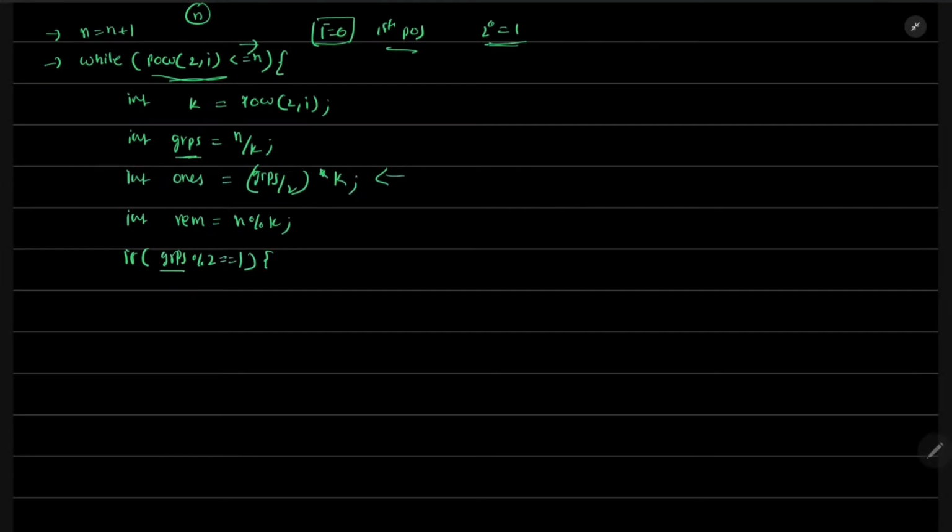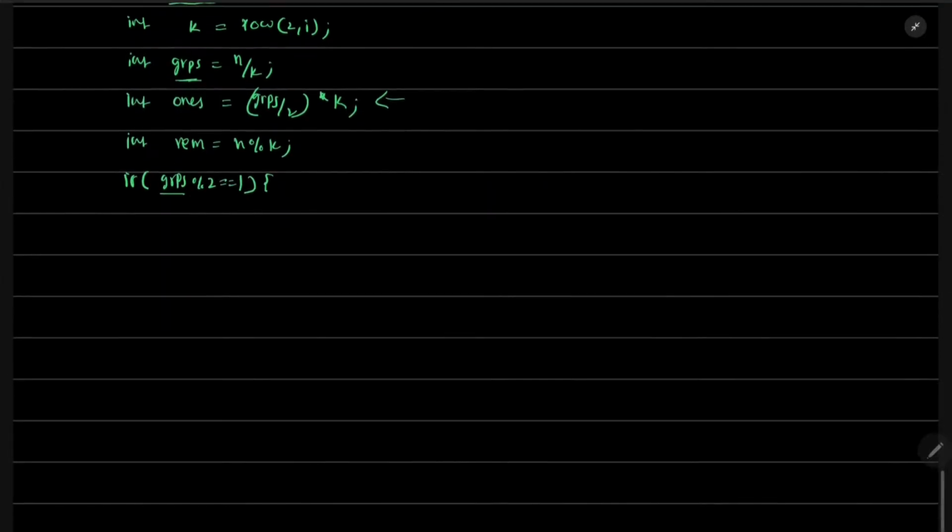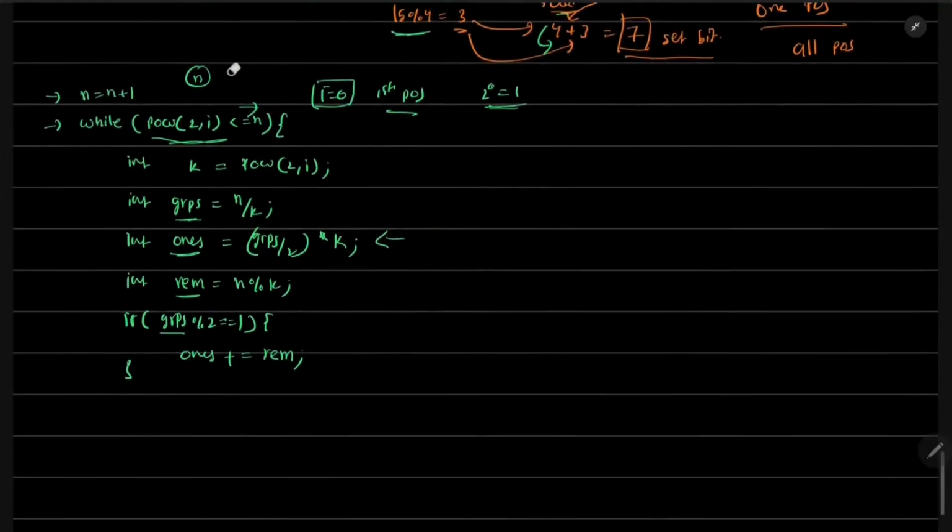If this is the odd number, then I have to add to the ones. So ones plus equal to the remainder. I need to add the remainder values, right? But maybe I will assign total ones as 0 here, and then total ones plus equal to ones, right? This is for only one position.